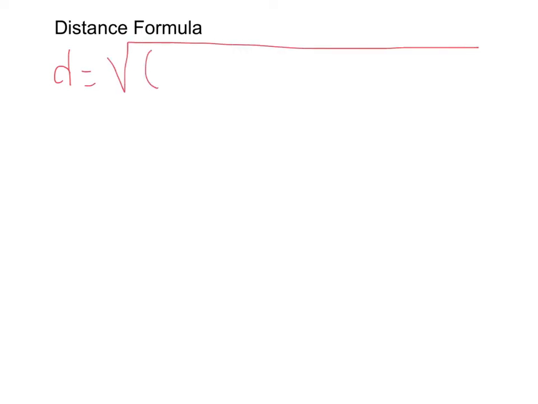All right, so let's talk about distance here for a minute with our distance formula. Our distance formula is d is equal to the square root of x2 minus x1, the quantity squared, plus y2 minus y1, that's a minus, the quantity squared.